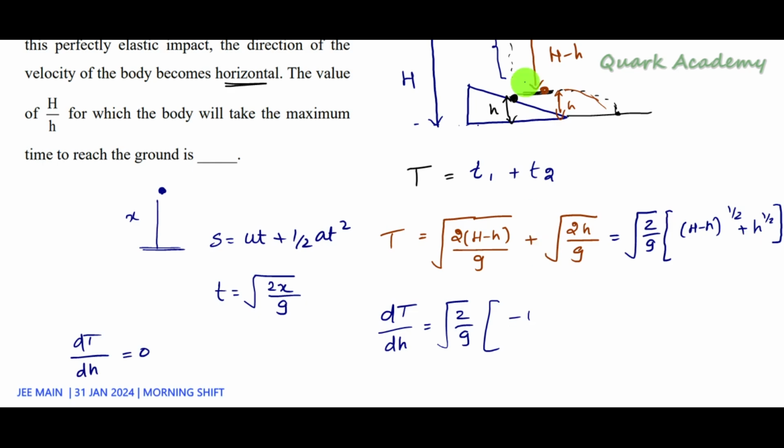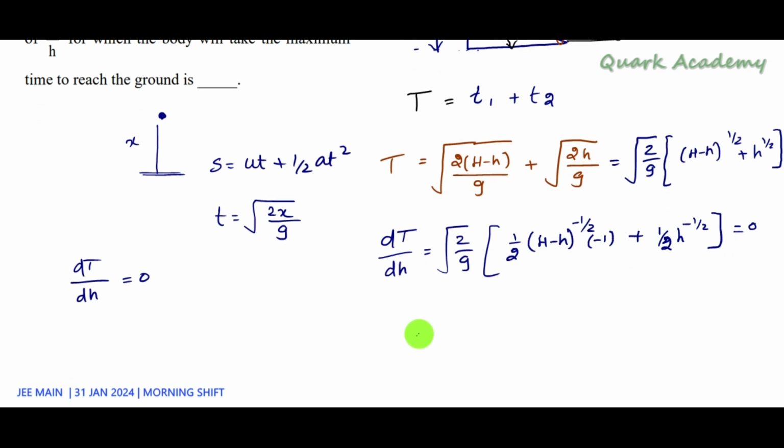Okay, we can write it this way: 1 by 2 into (H minus h) power negative 1 by 2 into negative 1. I have used the chain rule here, plus 1 by 2 h power negative 1 by 2, and this should be equal to 0. Now we can take this 1 by 2 common, and when root 2 by g goes to that side, it becomes 0.